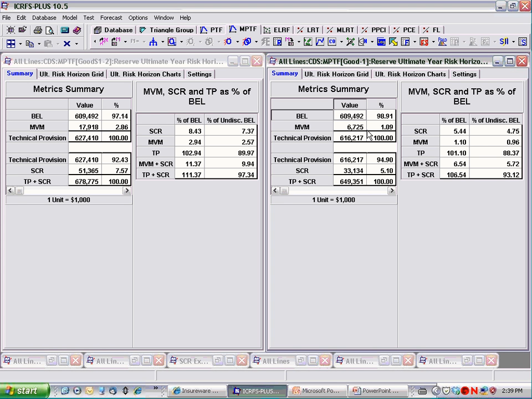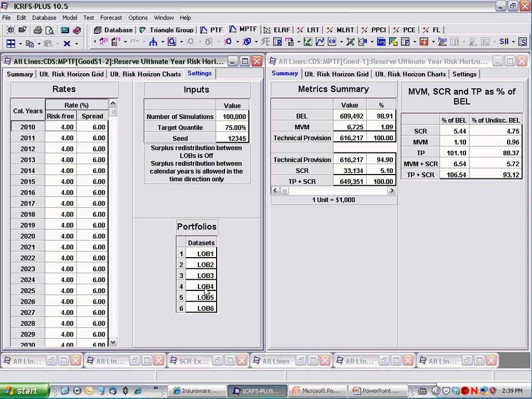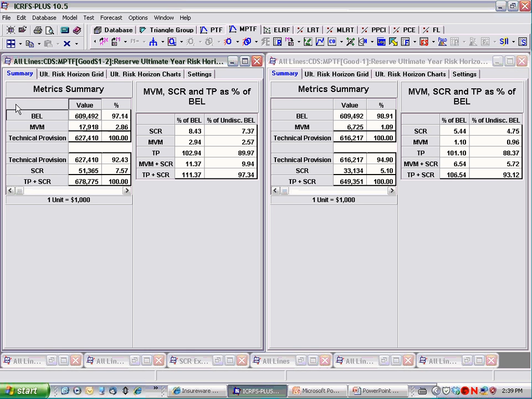Okay, so there's a major reduction in diversification credit by ring-fencing each LOB, both in terms of MVM, where the cost of capital is more than doubled, and your SCR is increased by a large proportion.